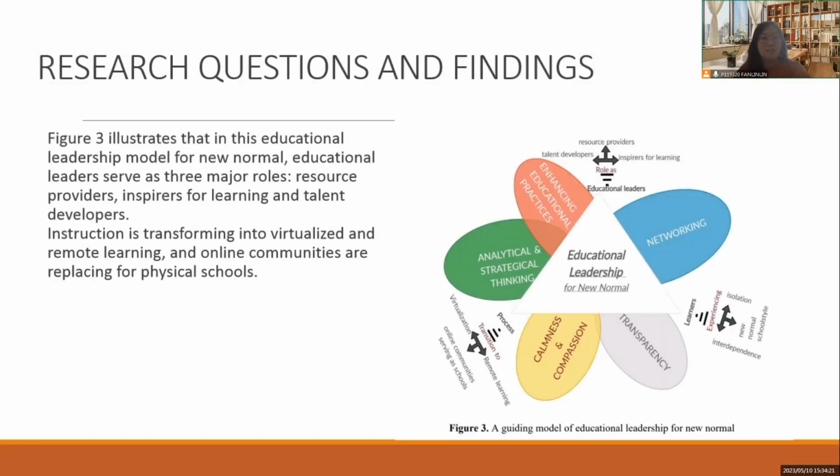Look at this figure 3. It illustrates that in the new normal, education leaders serve in three ways. Resources are provided in spite of learning and talent development. Instruction is transforming into modularized and remote learning, and online communities are replacing physical schools.